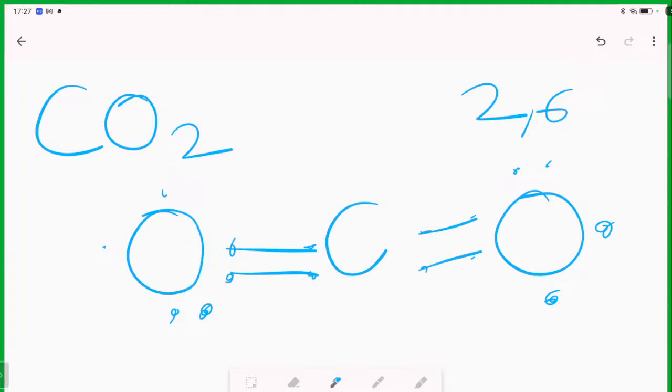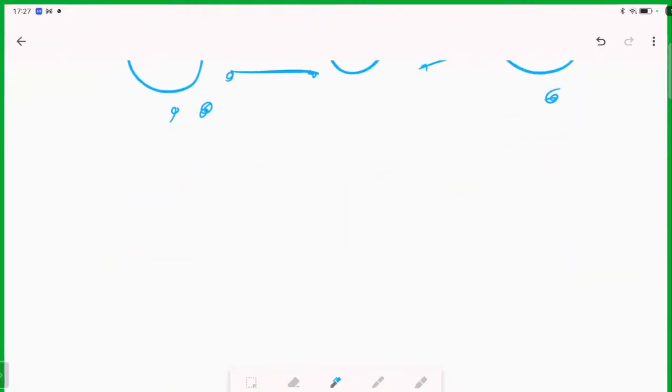Now when we talk about the one which has, how does triple bond form, right? ट्रिपल बॉन्ड कैसे फॉर्म होता है? Let's talk about triple bond. HCN. We know HCN.